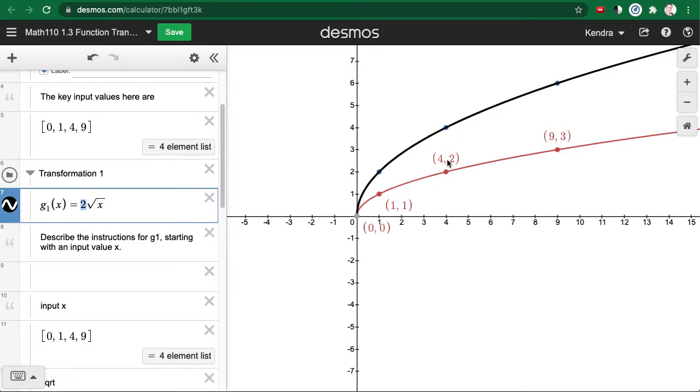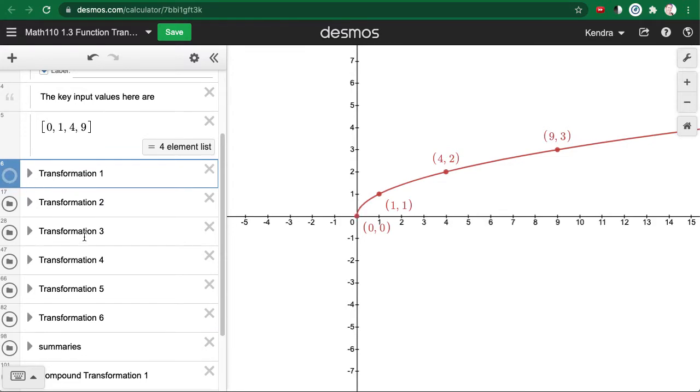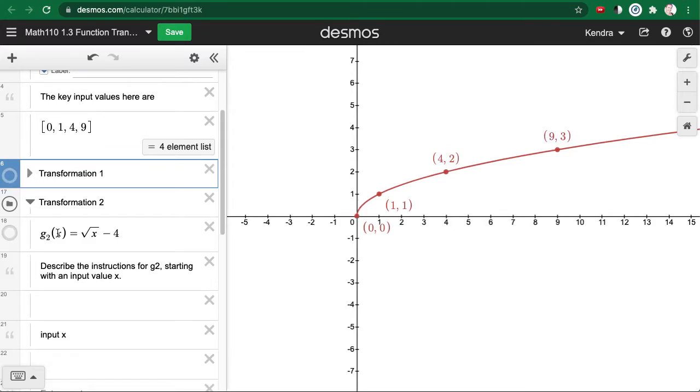Scaling all of the y coordinates by 2. This is an interesting thing to keep in mind, also keeping in mind why it's happening, by tracing these input values. Okay, let's close those down and look at transformation number 2.